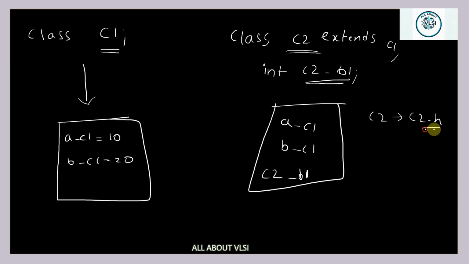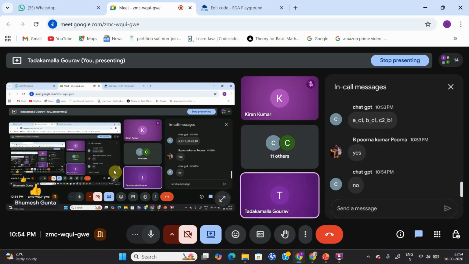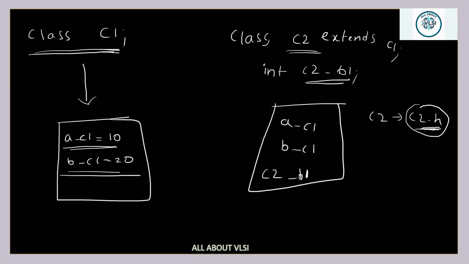Now, for the C2 class, I have a handle which is known as C2_H. So using C2_H, can I access parent class properties or not?